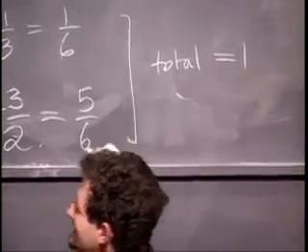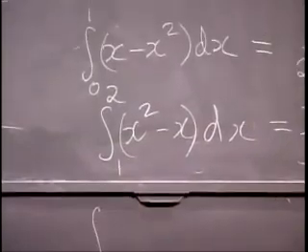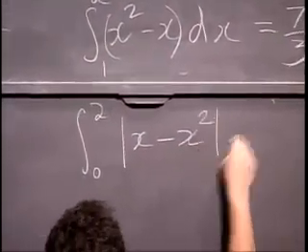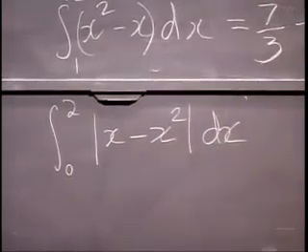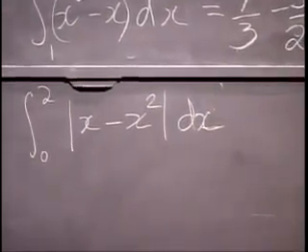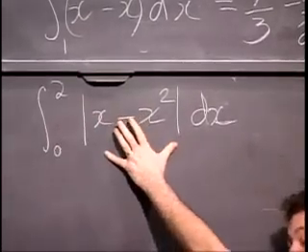Of course, this is the same. The sum of these two is exactly the same as the integral from 0 to 2 of the absolute value of x minus x squared dx, right? The only issue is when you go from 0 to 1, this is a positive quantity, so you can drop it.